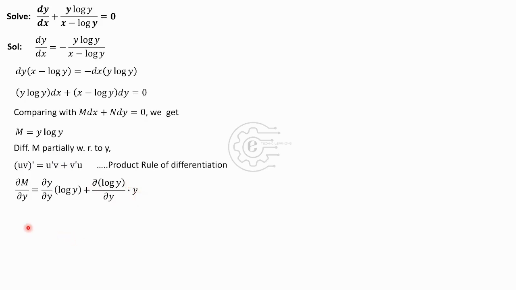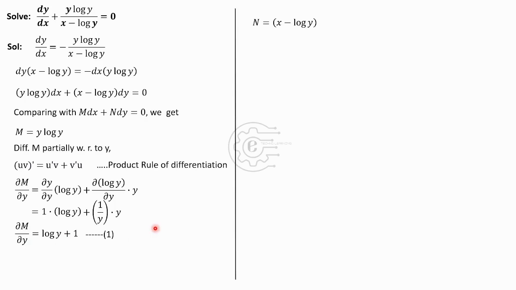So therefore we get del y upon del y is 1 into log y plus derivative of log y is 1 upon y into y. So therefore del m upon del y is equal to log y plus 1. Let this be equation number 1. Similarly, value of n will be x minus log y.